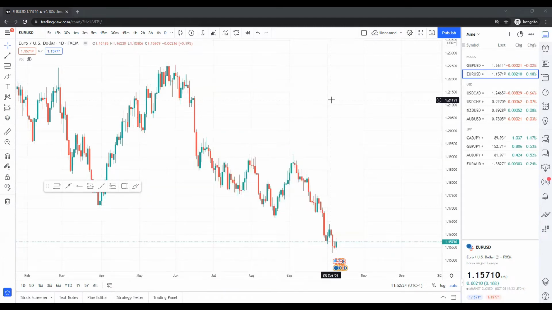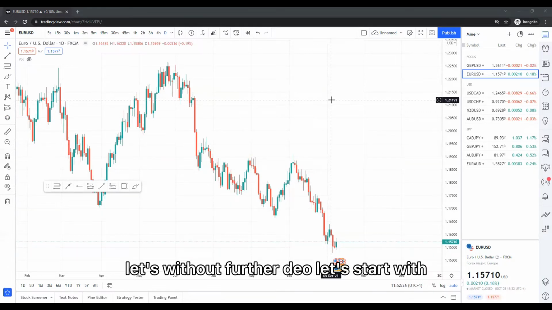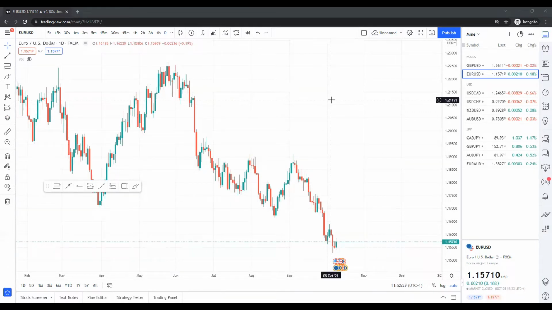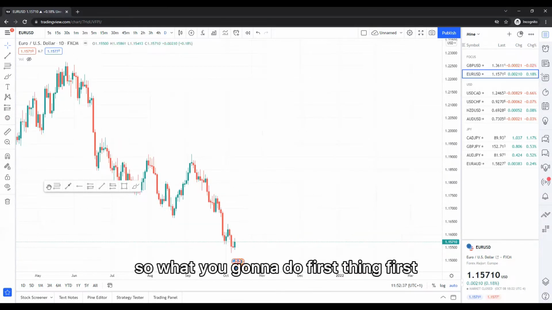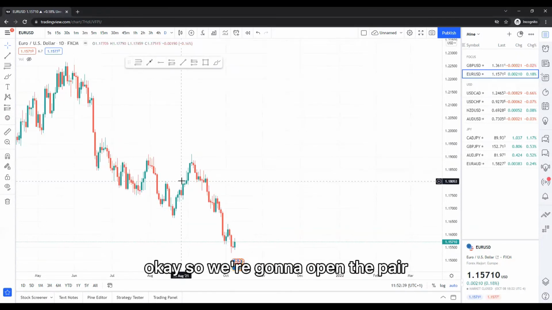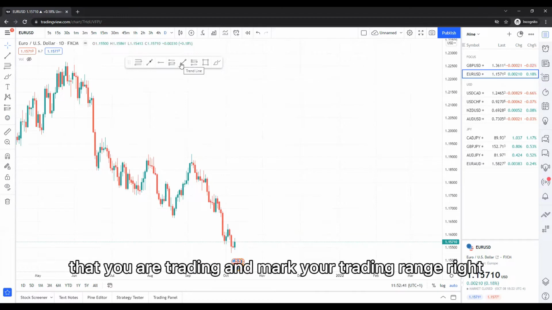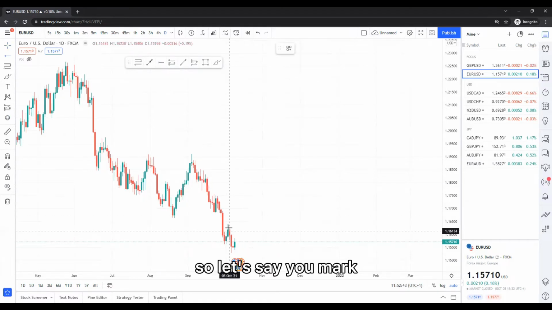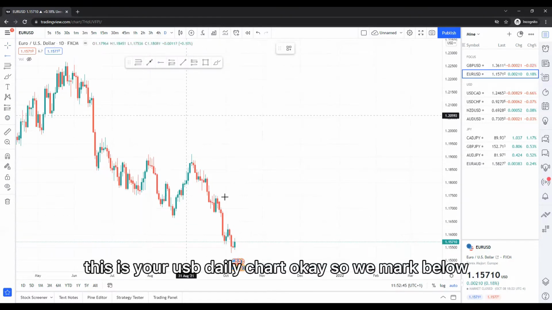Without further ado, let's start with the weekly outlook. So this is the coming week. First things first, we're going to open the pair that you are trading and mark your trading range. Let's say this is your USD daily chart.